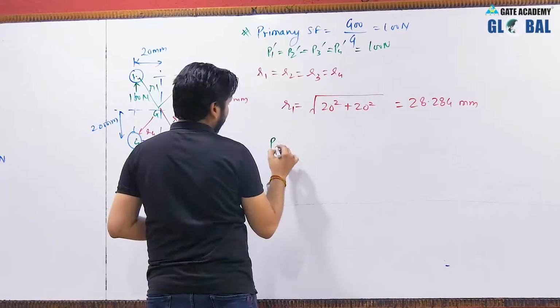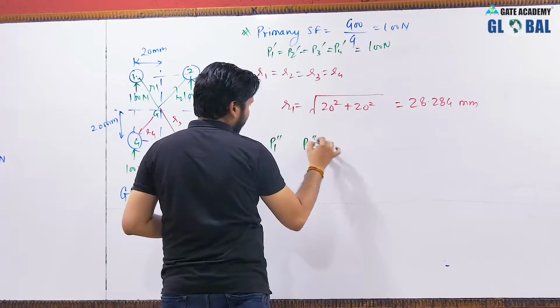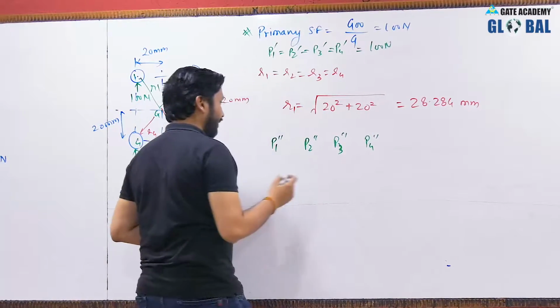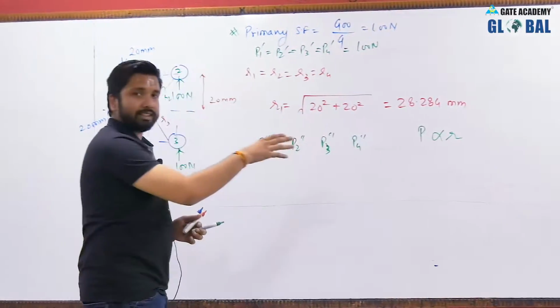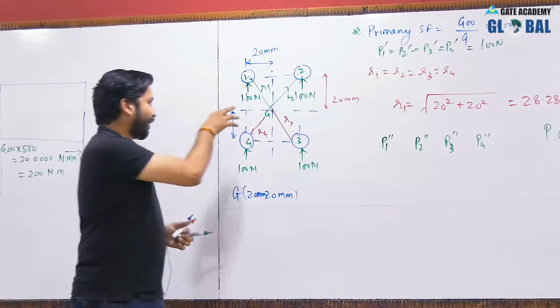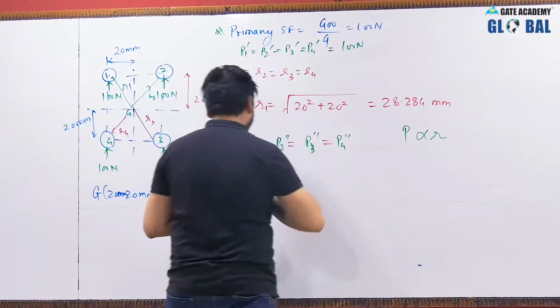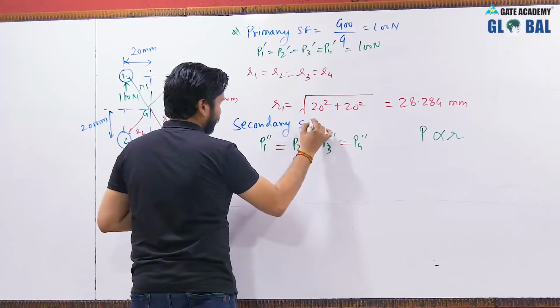Secondary shear forces, that is P1 double dash, P2 double dash, P3 double dash and P4 double dash, can be calculated using the concept that P is directly proportional to R. As you can see, the radial distance of each rivet with respect to the centroid is the same, hence all the secondary shear forces will be equal.